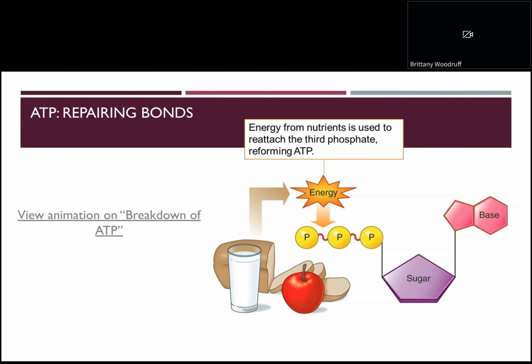Storing energy from food in the bond. You guys don't need to know the exact mechanics of it. All you need to know, it gets made from your food. That's it. We'll talk about where it's made and everything in chapter 3.